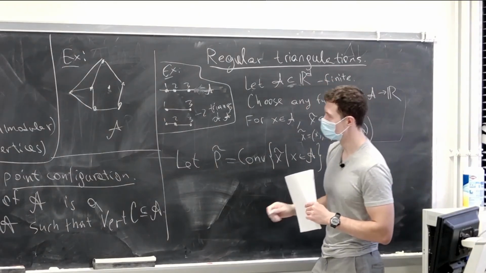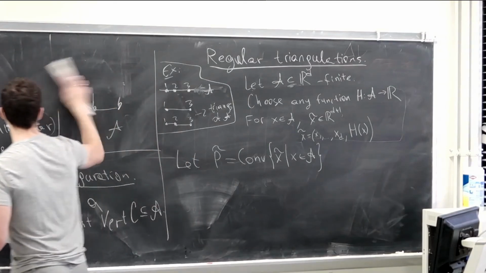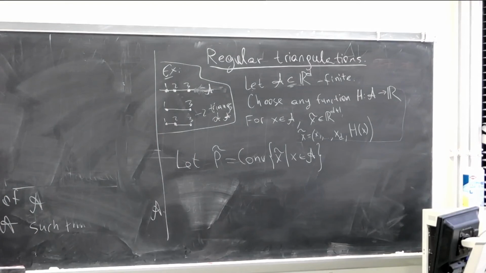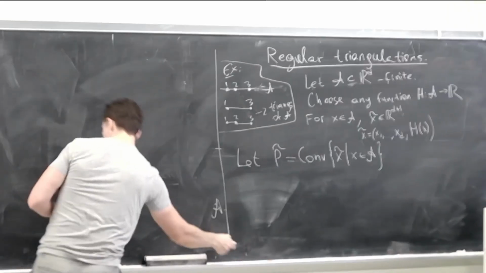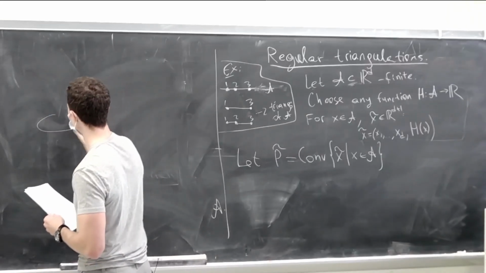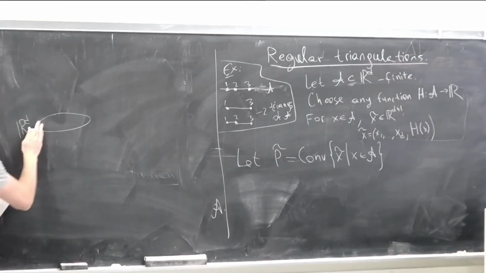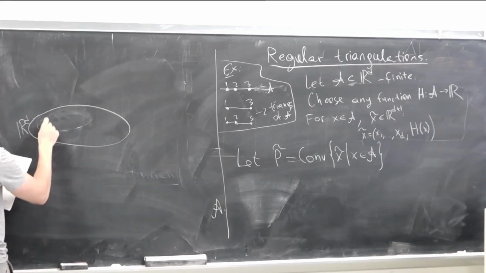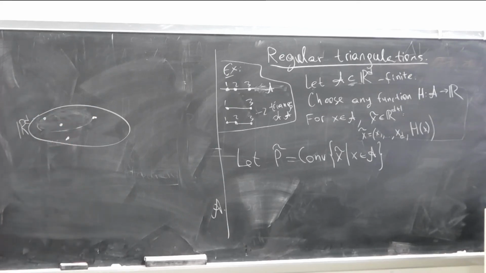Okay, so let me try to draw the picture. Here's my R to the d, and maybe my point configuration A looks like this.